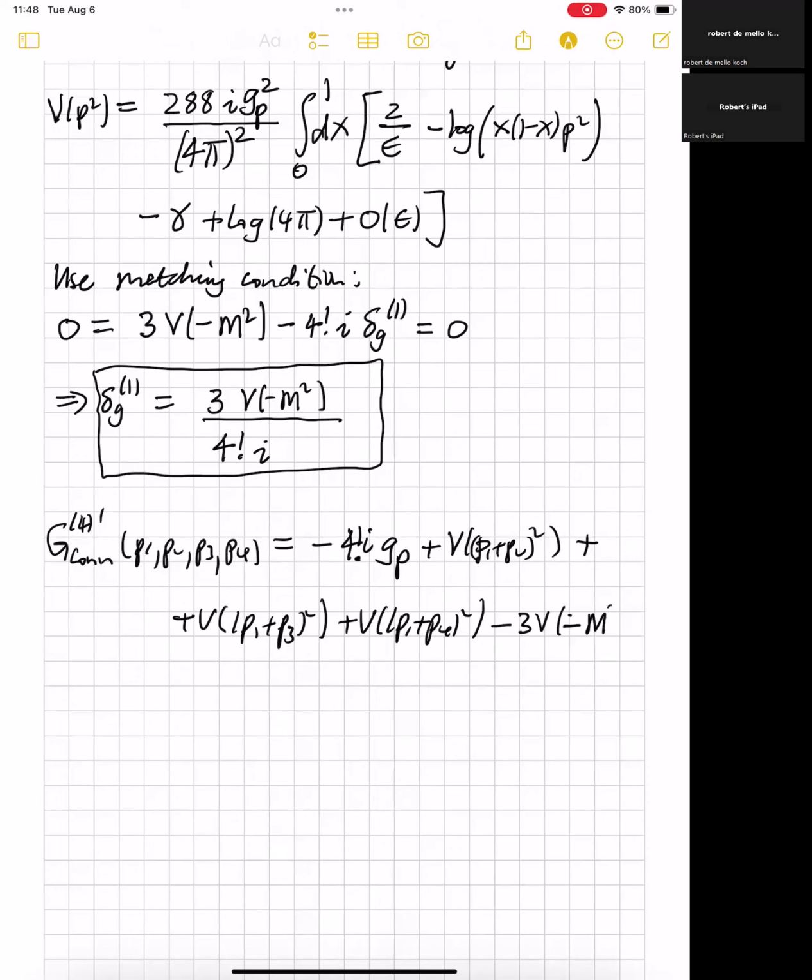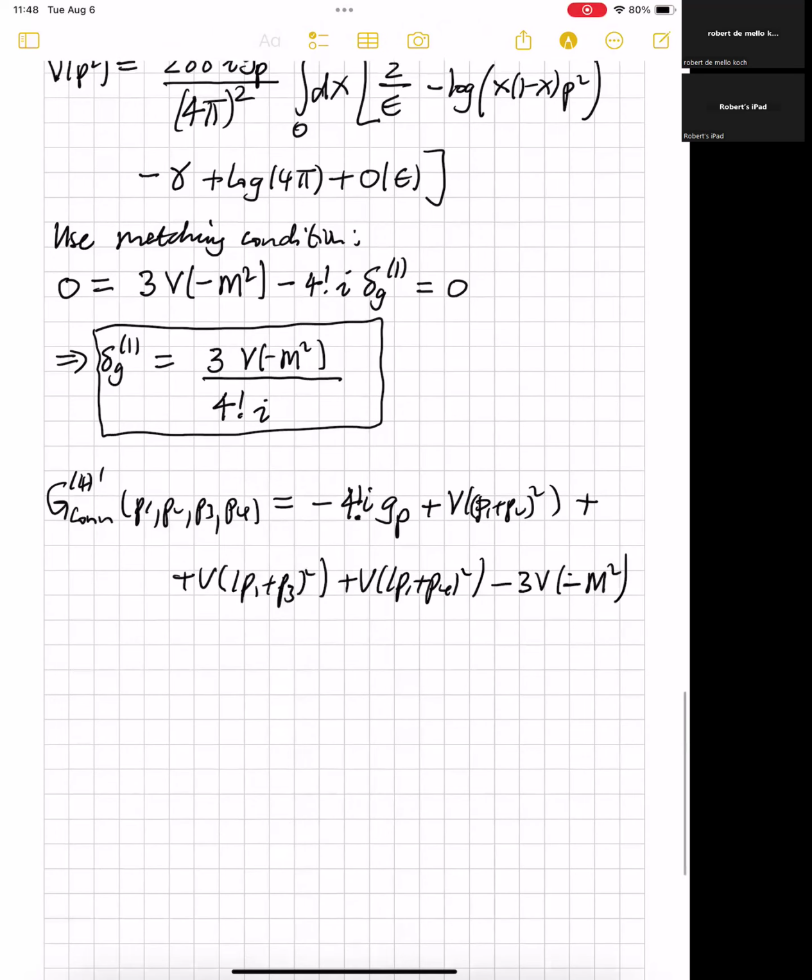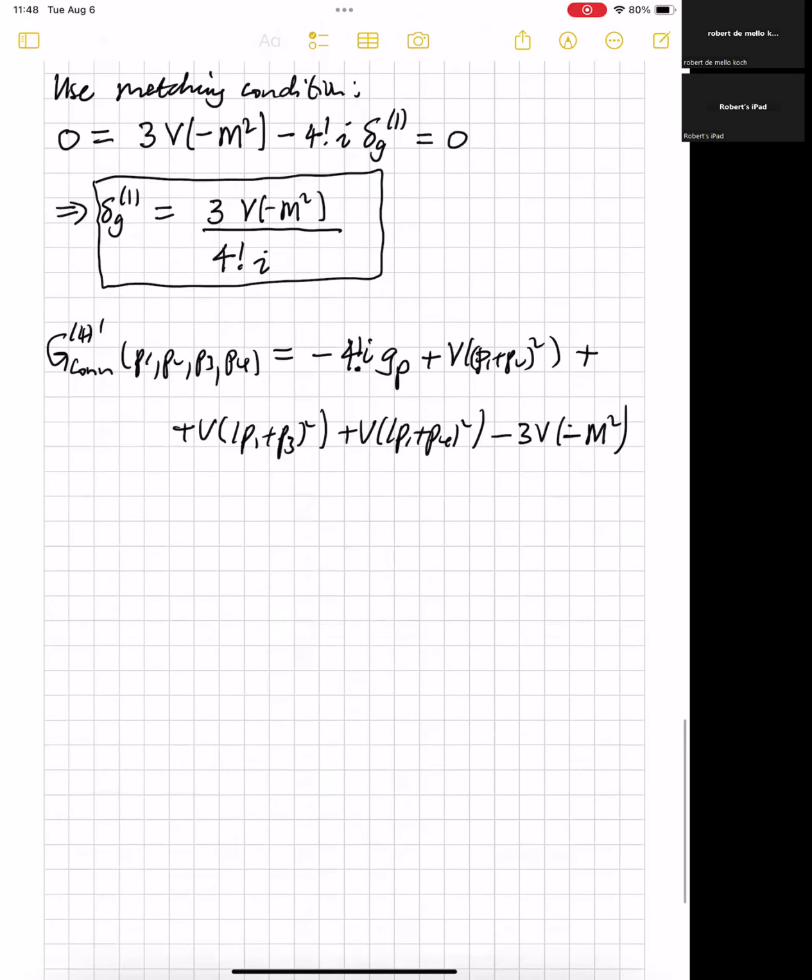Okay, and it's not fair if I have all of the fun in this course, so I will leave you to actually work out what that is equal to, and I'll just write down the answer. So this is minus i 4 factorial g physical, and then the second term is minus 288 i g physical squared divided by 4 i squared.